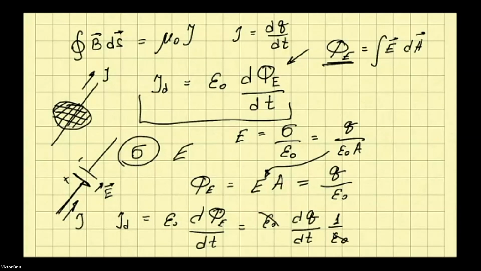So these cancel out. This will be dQ over dt, and this is nothing else than our conductivity current. So we see that displacement and conductivity current are equal to each other.